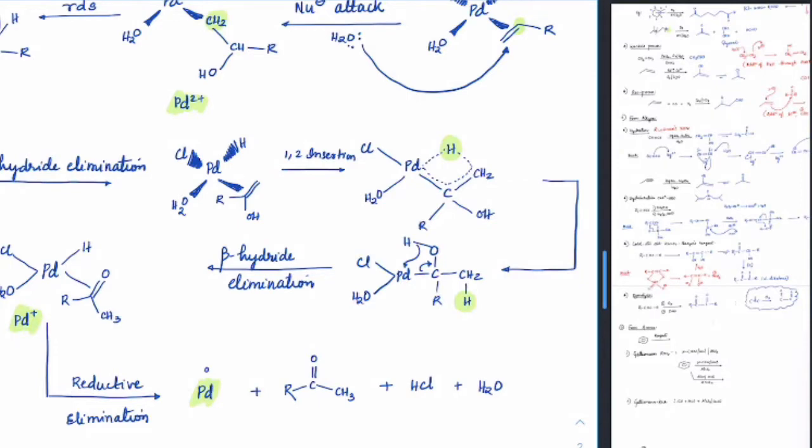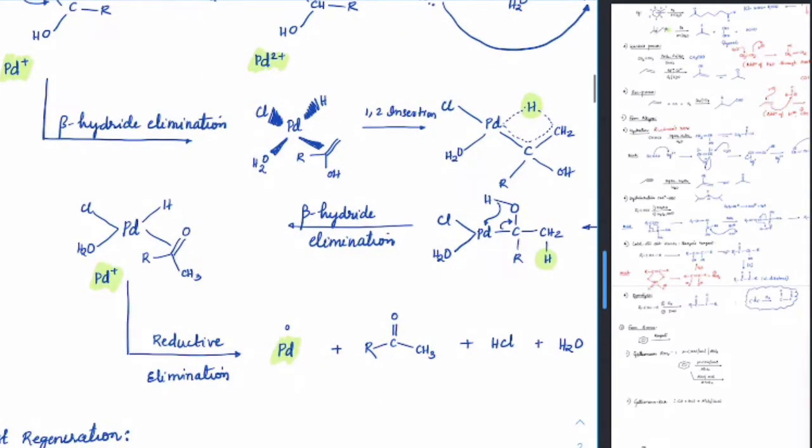Got it? So this hydride is this hydride. Check out, this is this hydride here. And this H got transferred onto palladium and it makes a double bond with carbon. So that's how we will get this.